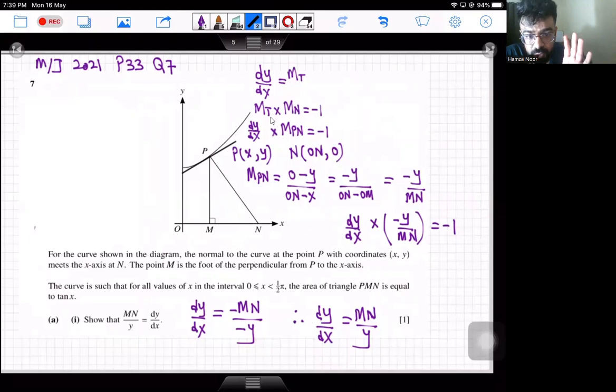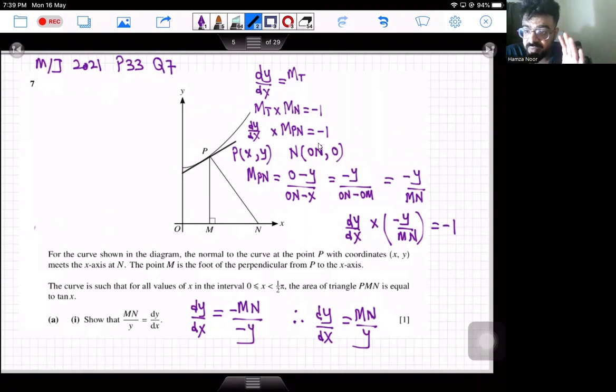So we can say that the gradient of tangent multiplied by gradient of normal is equal to -1. In place of the gradient of tangent I can write dy over dx, and the normal is the straight line PN, so dy over dx multiplied by the gradient of the line PN is equal to -1.